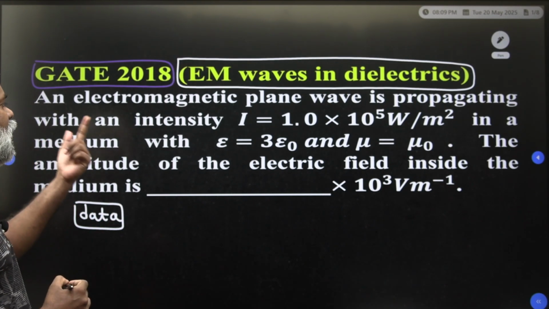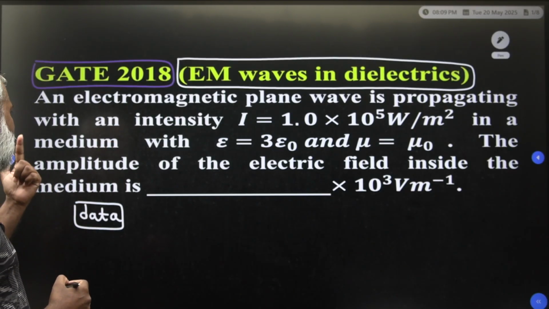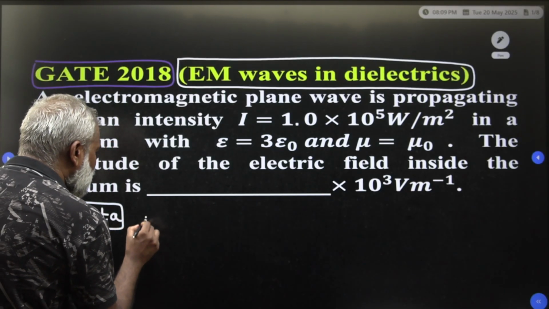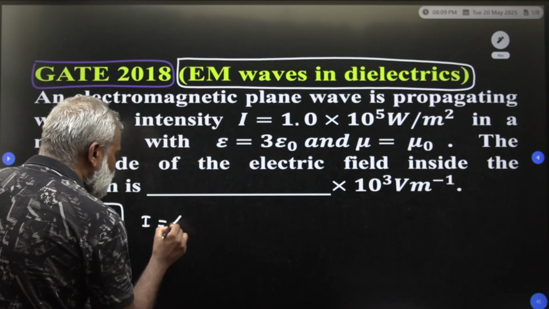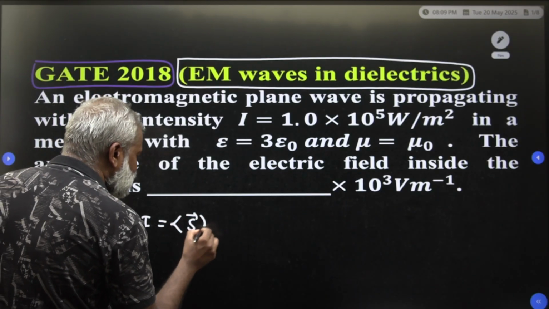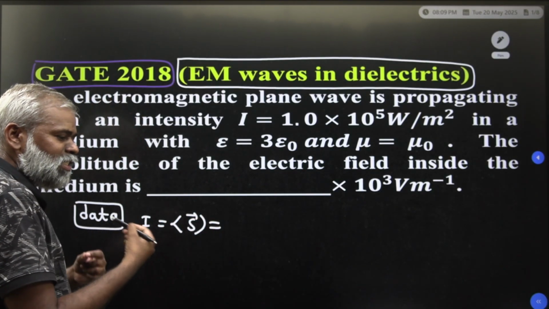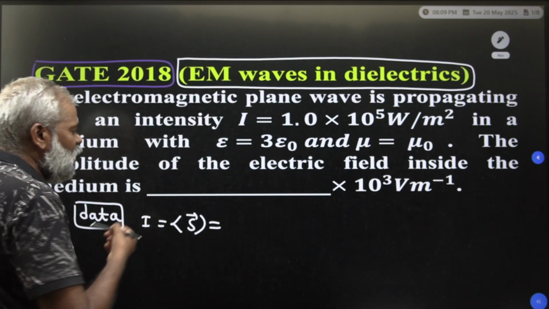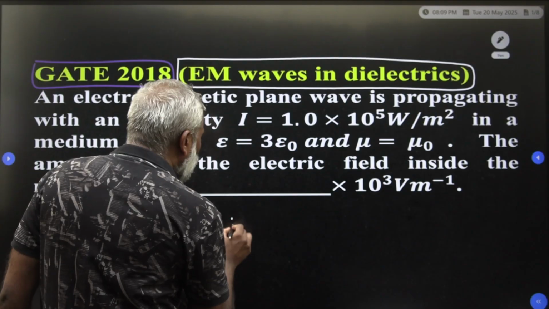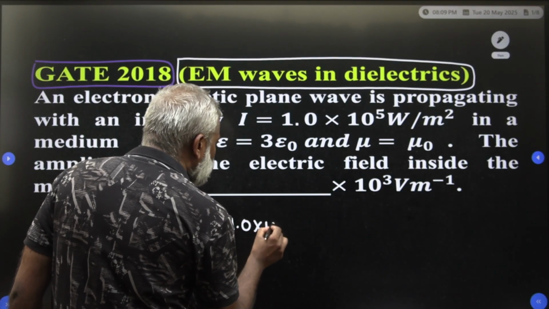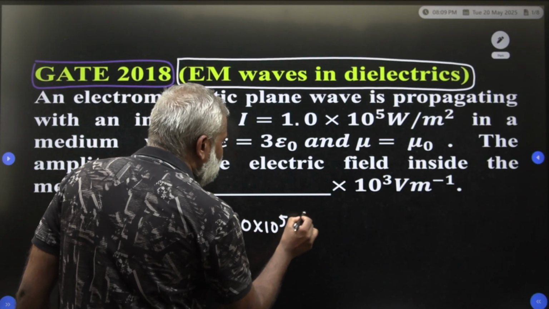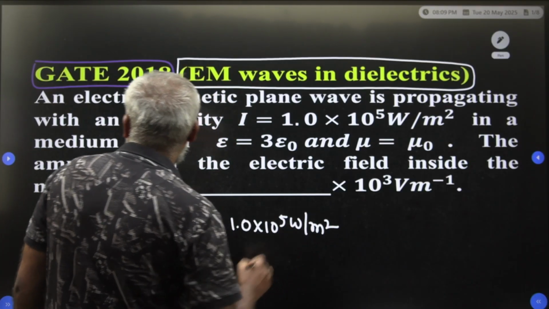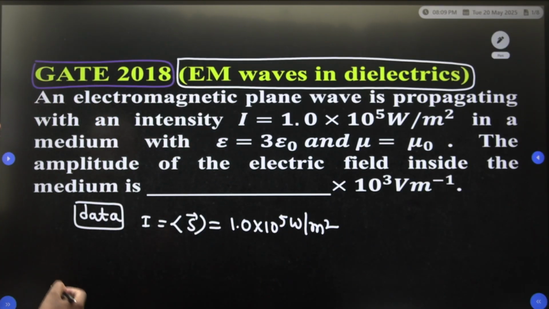An electromagnetic plane wave is propagating with an intensity I, this is the average Poynting vector, that is the average energy flux density, equal to 1.0 into 10 to the power of 5 watts per meter squared.